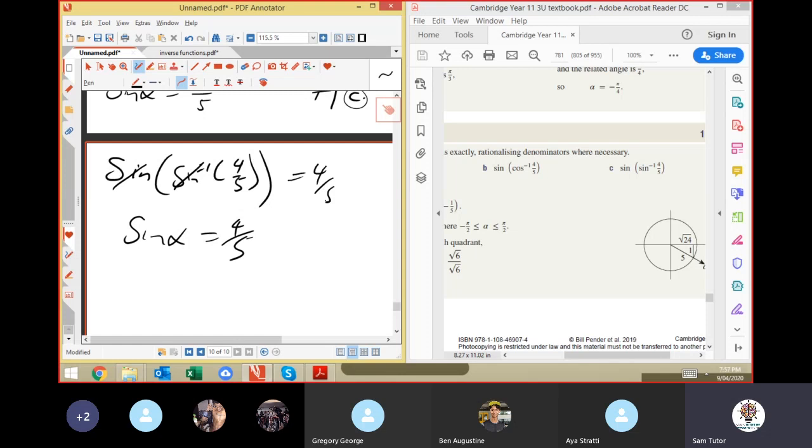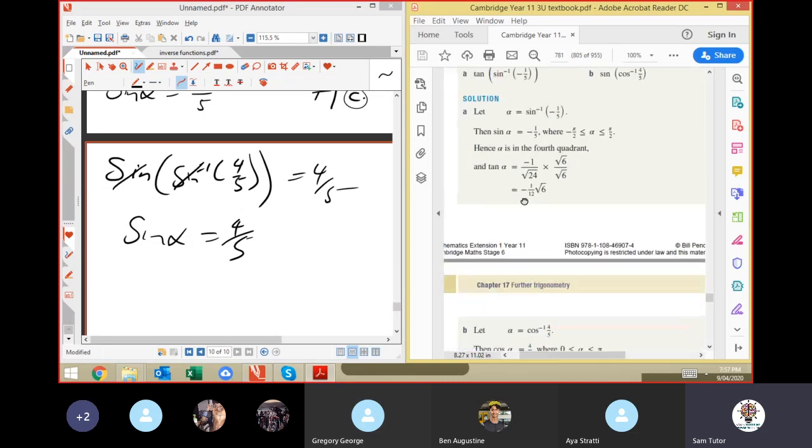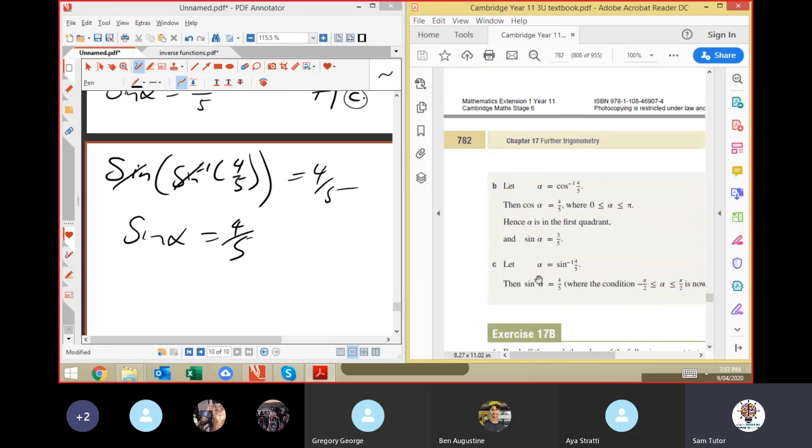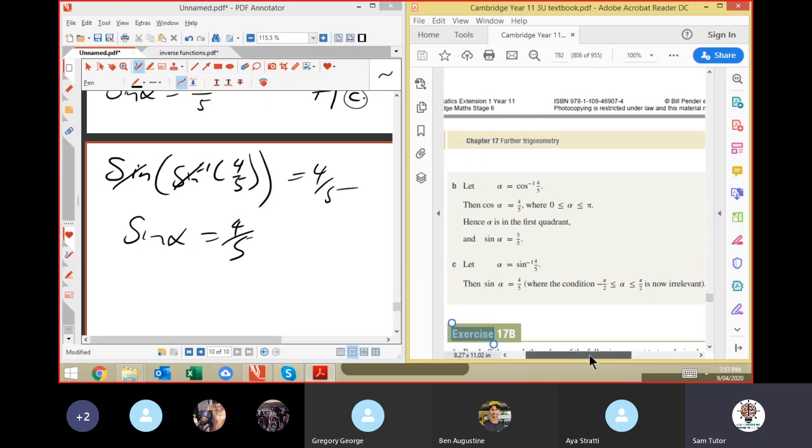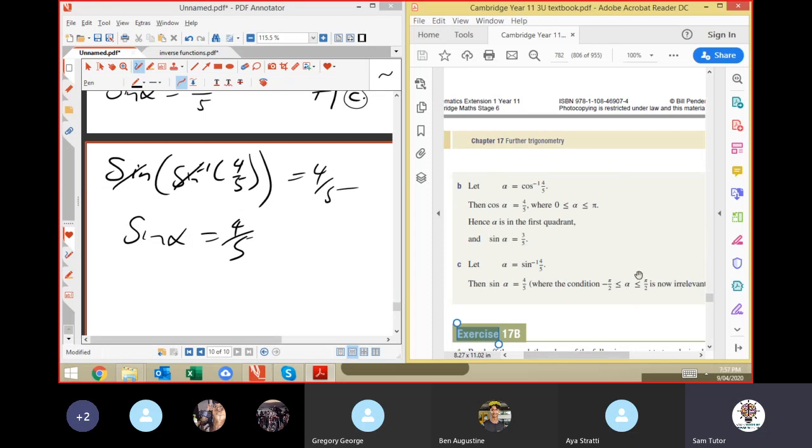That just gives you 4/5. True? Sine of inverse sine. What's the point of even doing that question? Let me see. Well, it is now irrelevant. Where this condition is, that's the only bit that I wasn't including before.